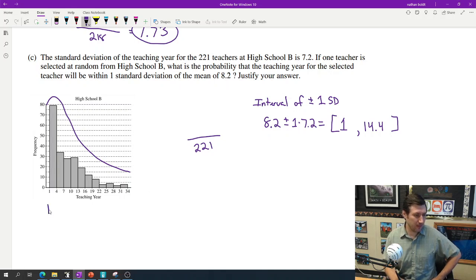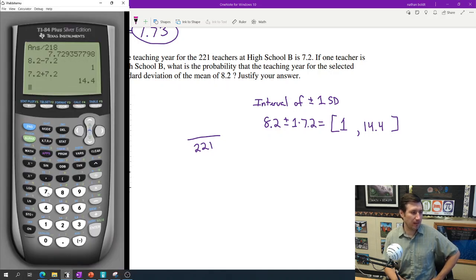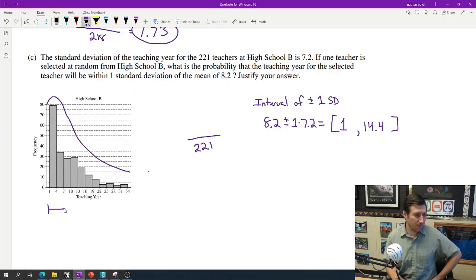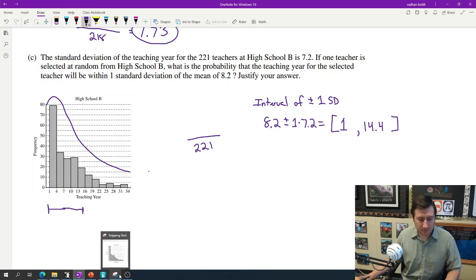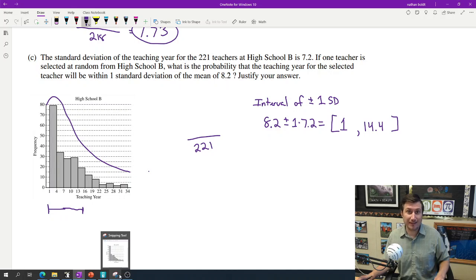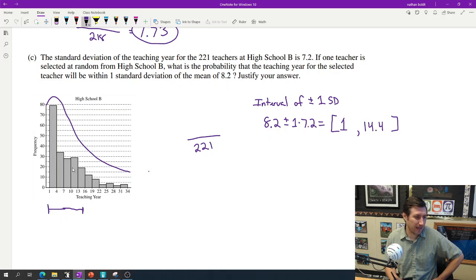So that goes from here all the way to, did I type something in wrong? I did. That should be 7.2 plus 8.2. I was like, it has to be 15. It can't be 14. All right, 15.4. Good. 15.4 brings us up to the 16. Again, because we're only integers, there are no numbers between 15 and 16 in this data set because they're all integers. So I want all of these data points here divided by the total 221 will give me the total.